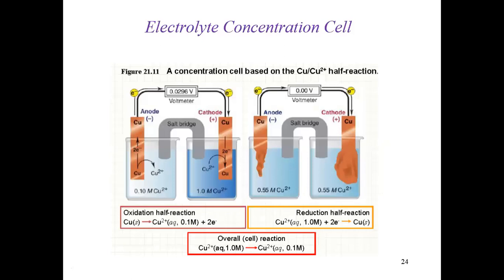And how do they work? So a pictorial presentation will look like this. Here the same cell is on the left hand side figure. The same cell is shown, the copper electrodes are connected via a salt bridge. Copper rods are dipped in the 0.1 molar solution of copper. Here it is 1 molar, and initially it is giving out a signal of 0.0296 volts.